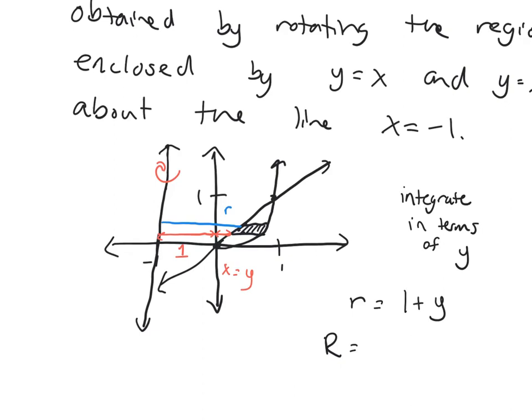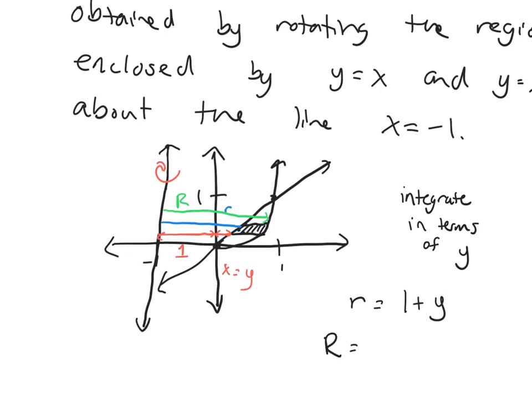Now let's do big R. So big R, the function that's furthest away, is my parabola. So I still have this red distance of 1 here.